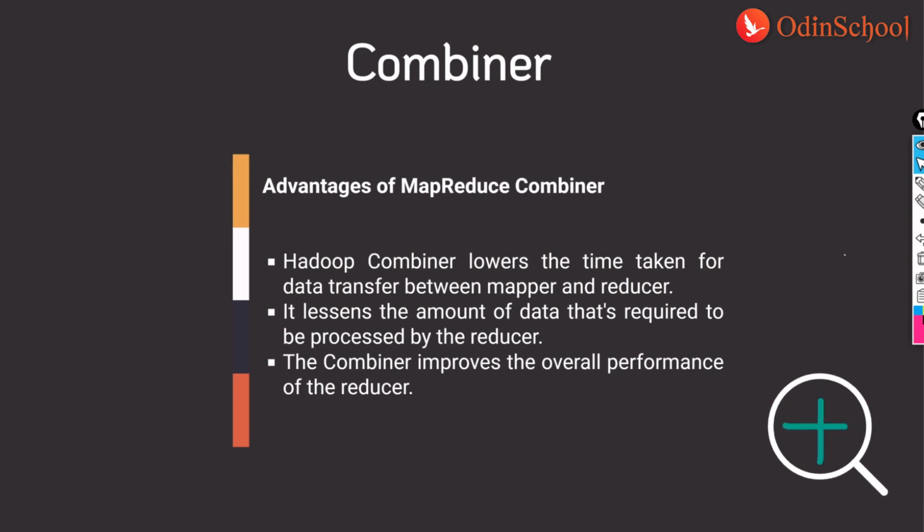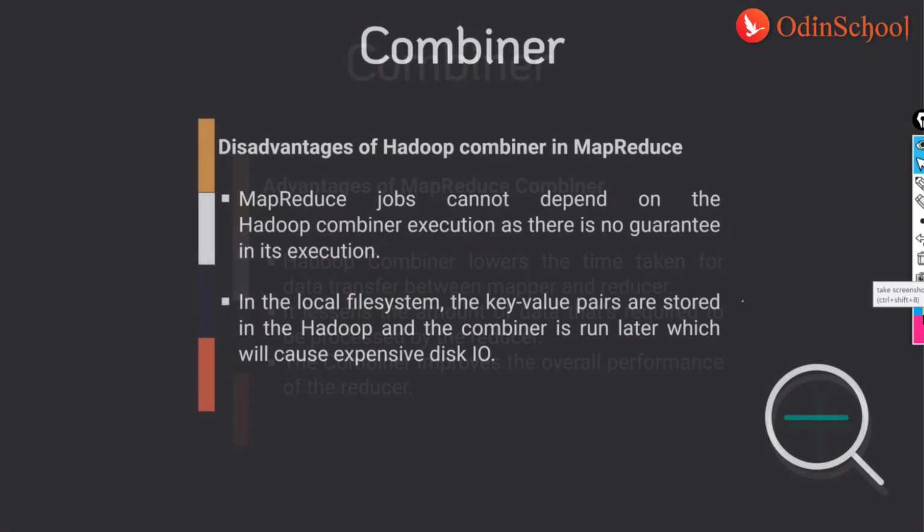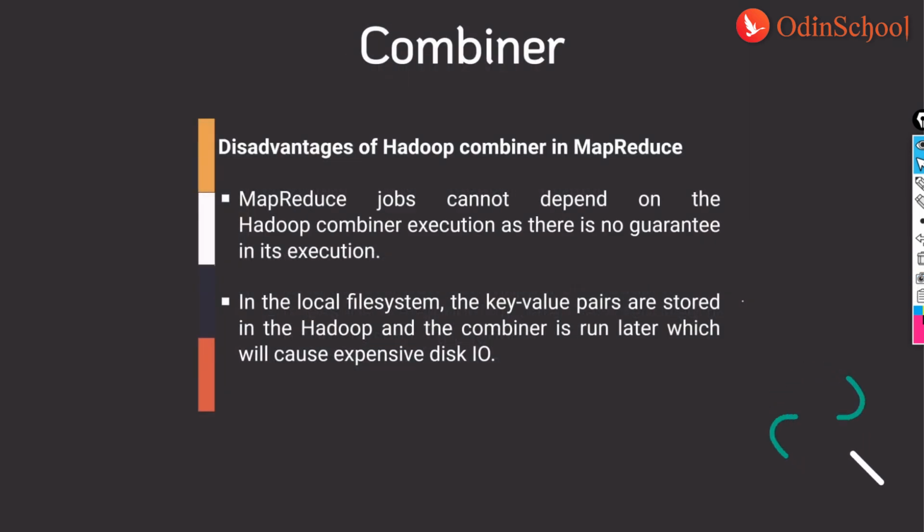The advantage is that the Hadoop combiner lowers the time taken for data transfer between mapper and reducer. Definitely the amount of data to be processed by a reducer is less, and the combiner improves the overall performance of the reducer as well. There are also disadvantages.